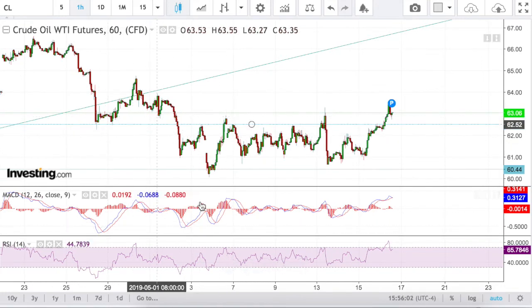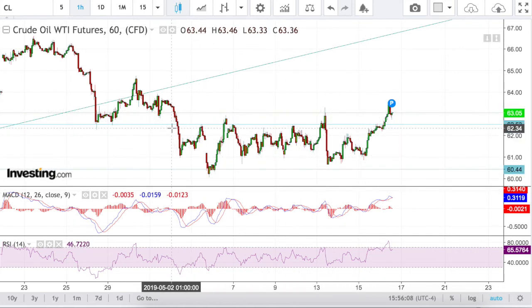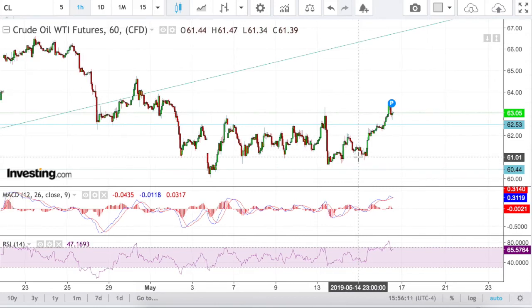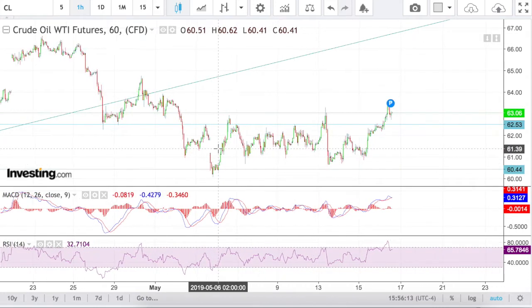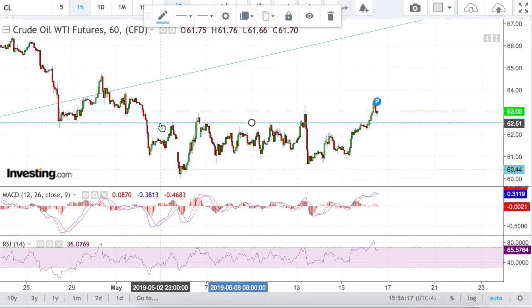You can tell that this is the end of the downtrend, and that's exactly what it was. We had a nice basing pattern. We went sideways. Price waited to see what was happening, and then clearly we are breaking to the upside.